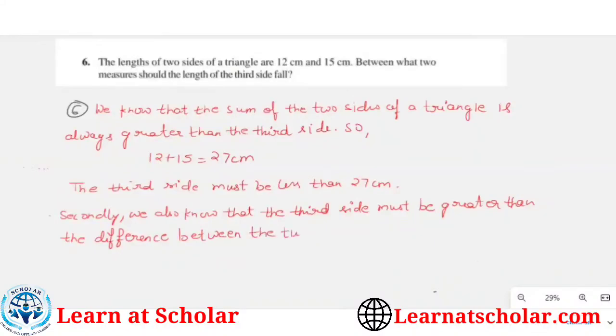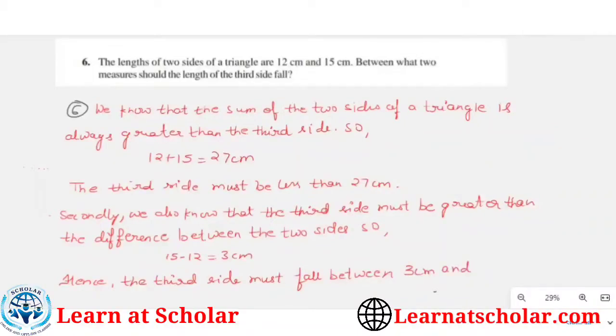So we will subtract 15 and 12 and we will get 3 centimeter. So the third side must be greater than 3 centimeter. It must fall between 3 centimeter and 27 centimeter. Solved?